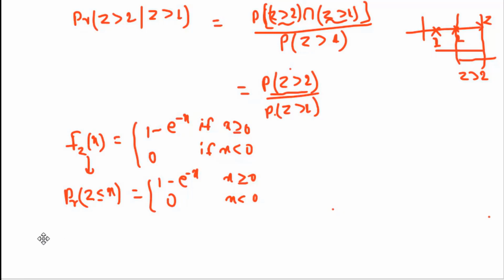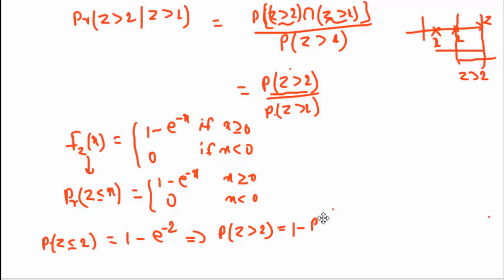So the probability of z less than or equal to 2 is 1 minus e to the power minus 2. But the probability of z greater than 2 will be, you need to subtract this from 1. So this is 1 minus probability of z less than or equal to 2, which gives you e to the power minus 2.